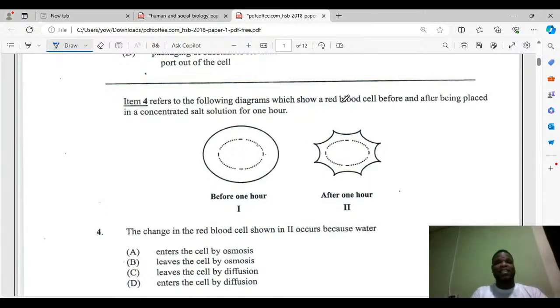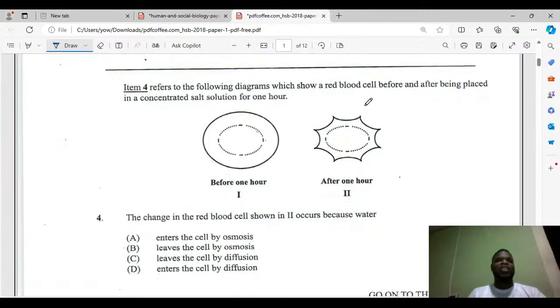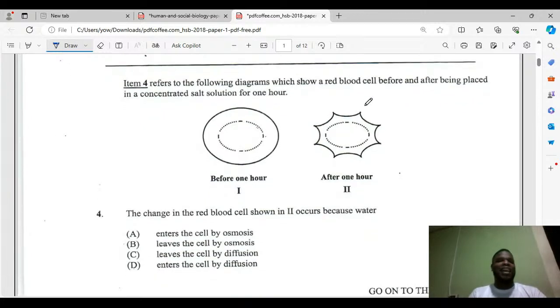This is a red blood cell before and after being placed in concentrated salt. The change in the red blood cells shown in II occurs because water enters by osmosis, leaves by osmosis, enters by diffusion, or leaves by diffusion?